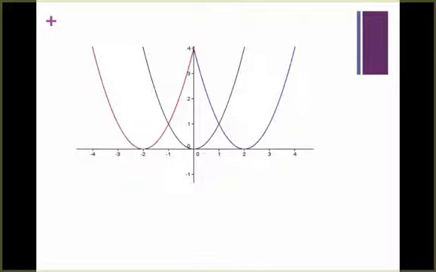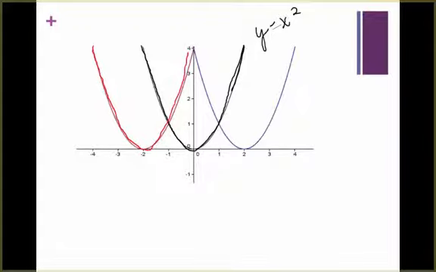Now let's look at another type of translation, and that would be a horizontal translation. If we look at our first parent function, which we have drawn here in black, that is the graph of y equals x squared. Notice that in our red graph, we've translated our function 2 units to the left.